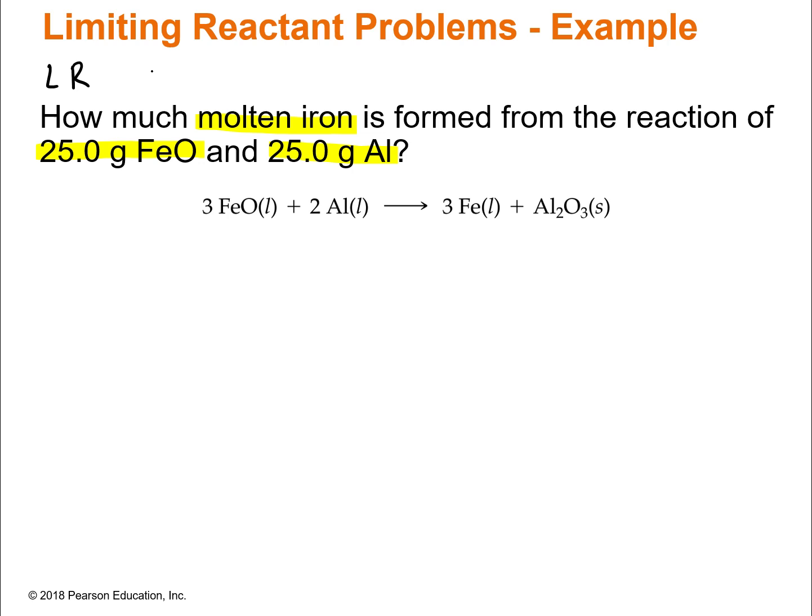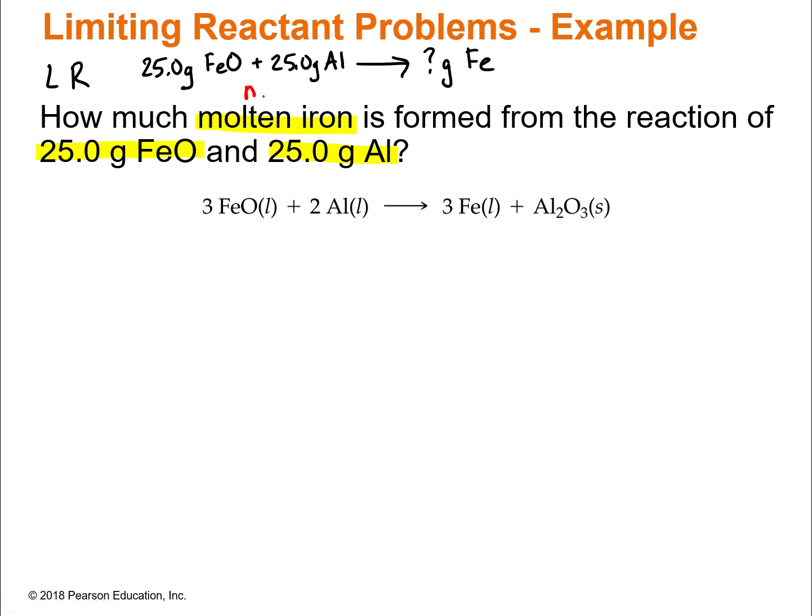I've got 25 grams of iron 2 oxide, 25 grams of aluminum, and I have to figure out how much iron. So when they say how much molten iron, the assumption here is that it's mass.